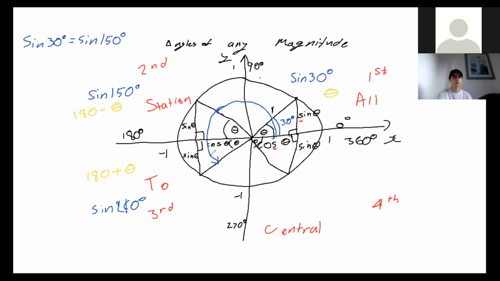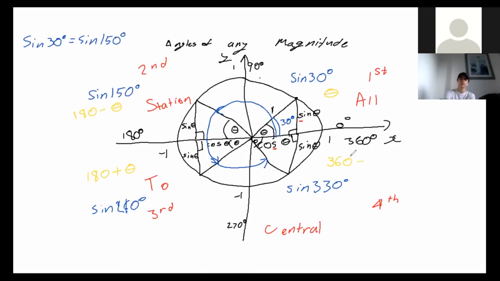And what if I kept going all the way around to here? What would be my angle here? It would be 330. And how'd you do it? You're 30 degrees away from 360, and they all share the same theta.